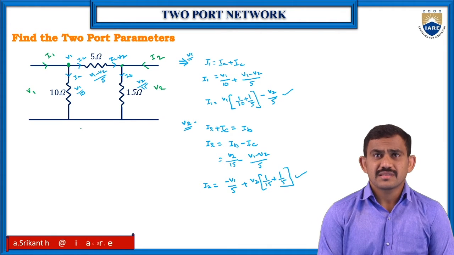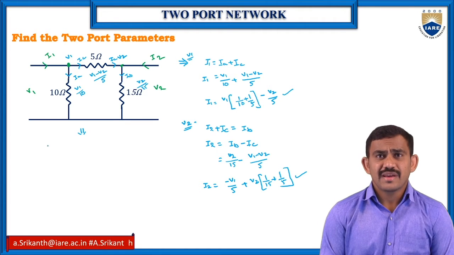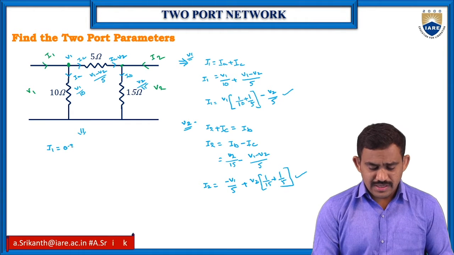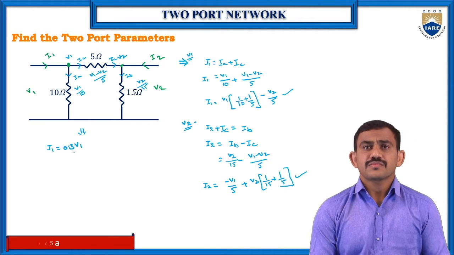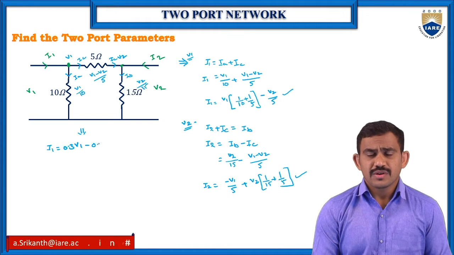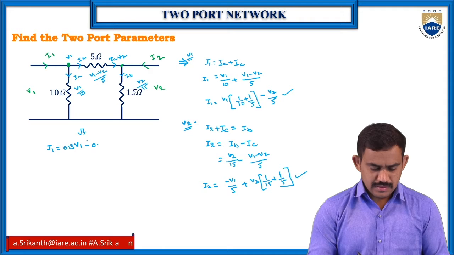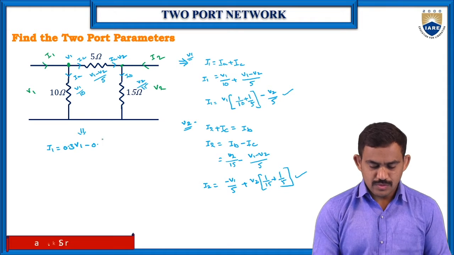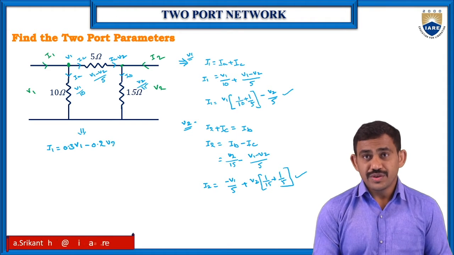From this circuit, we have I1 equal to 0.3 V1 minus 1 by 5, that is 0.2 V2.